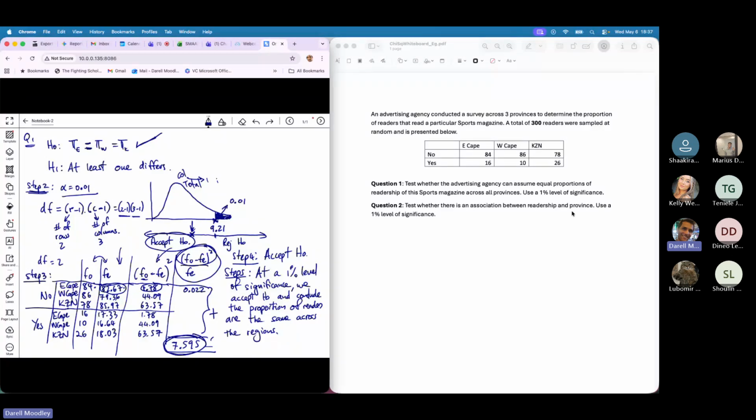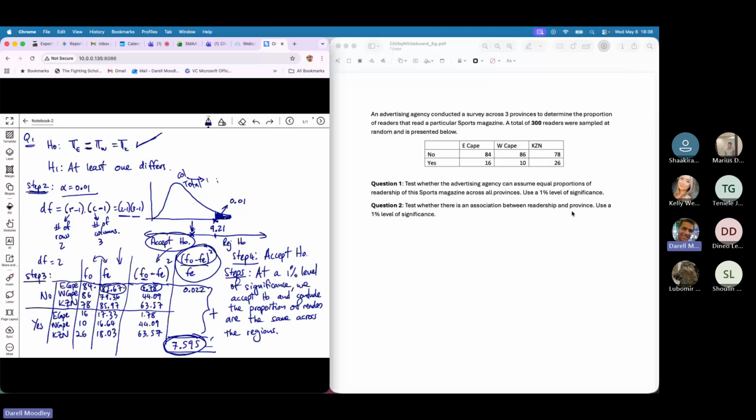It's basically asking: does being in a certain province increase your chances of being a reader of this magazine? Are people in KZN more likely to read this magazine? Does where you live influence whether you would read this magazine or not? That's what a test of association is.